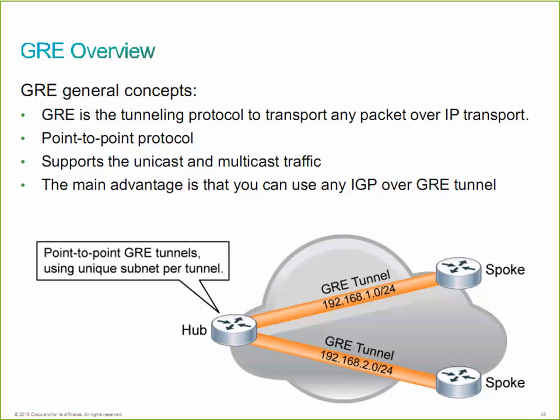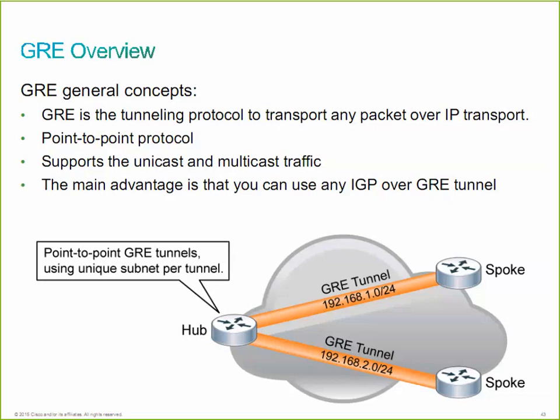Also, and this is a big consideration as well, when you implement GRE tunnels, you can have MTU issues or IP fragmentation issues, right? Why is that? Because of the overhead of the GRE header, right?